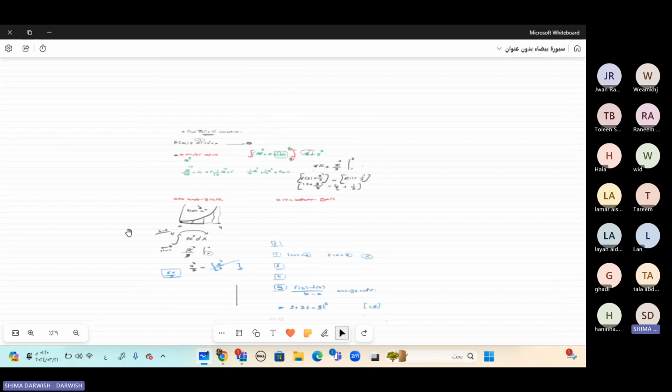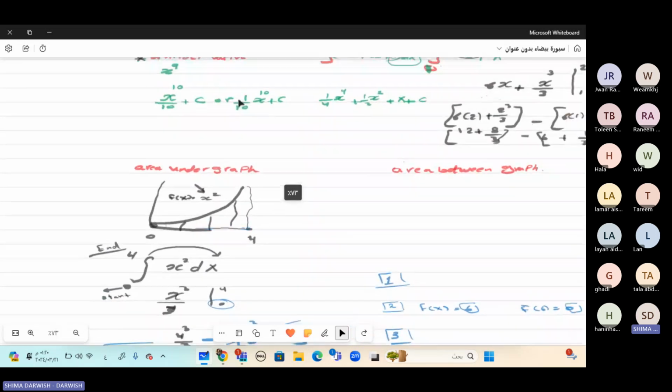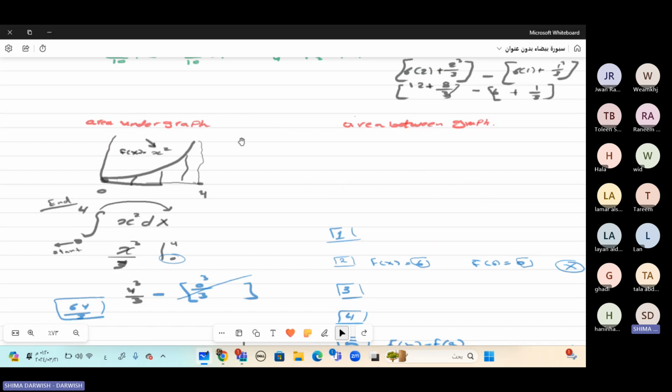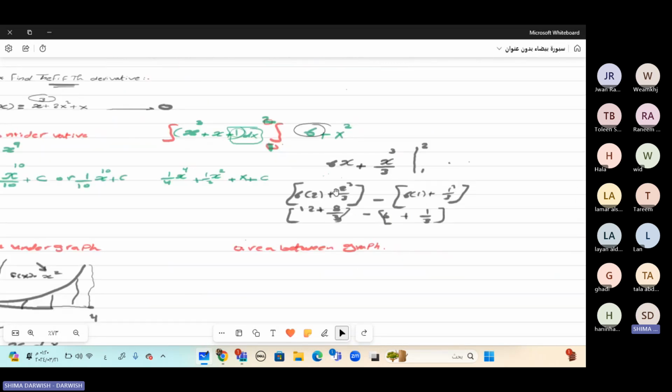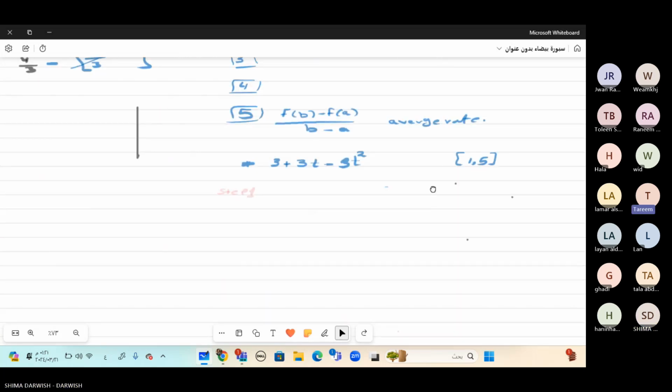Antiderivative or integration without interval, we should write C. But if we have integration with an interval, or area under the curve or area between the curves, we should make this substitution after finding the integration, upper minus lower. You understand? Yes, thank you.